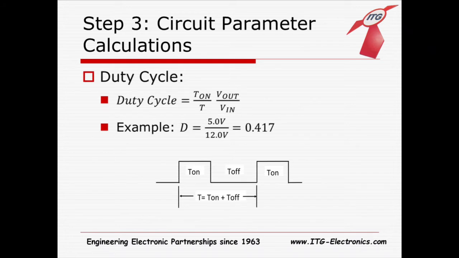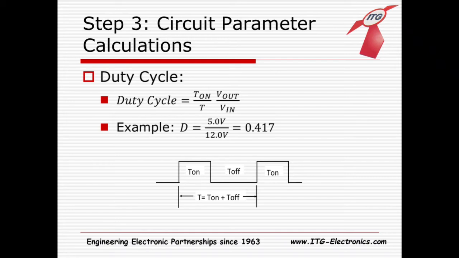Step 3, we're going to be determining some circuit parameters via calculation. The first one is duty cycle, which is basically the time that your converter is switched in the on position over the total time.